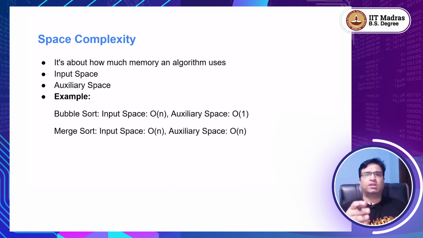At the same time, in merge sort, the input space required is big O of n, because we are getting a list of n elements. But here we need an additional list to apply the merge process. So because of that, auxiliary space, apart from the input space, is big O of n.